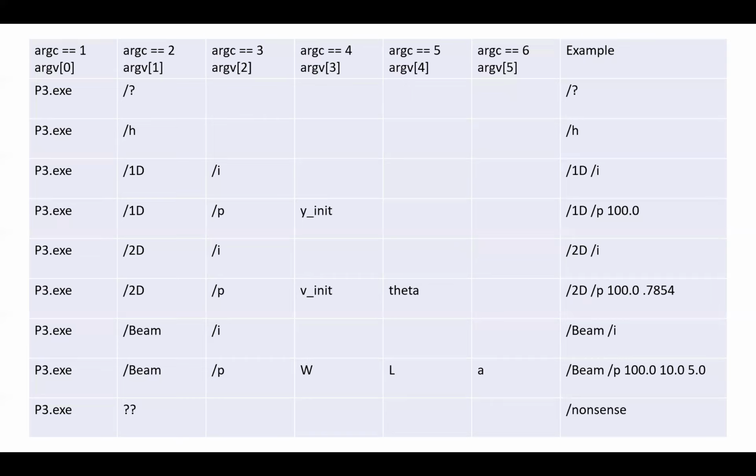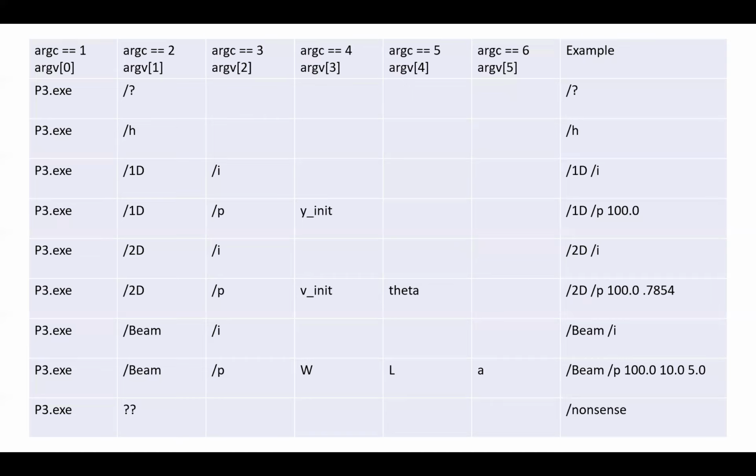Lastly, for the beam option, we could provide either /beam /I, which would mean, once again, it's interactive, and there would be 3 printfs and scanfs to collect the additional information. Or if the user was interested in running it parametrically, then they would provide /beam /P, followed by 3 additional pieces of information on the command line.